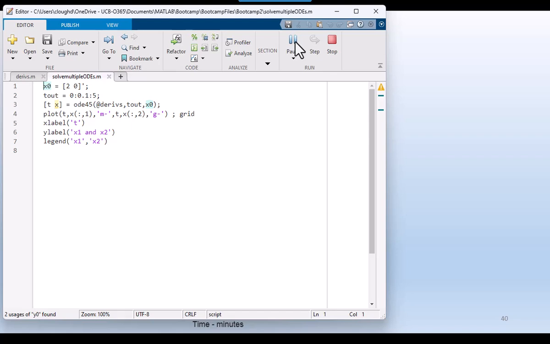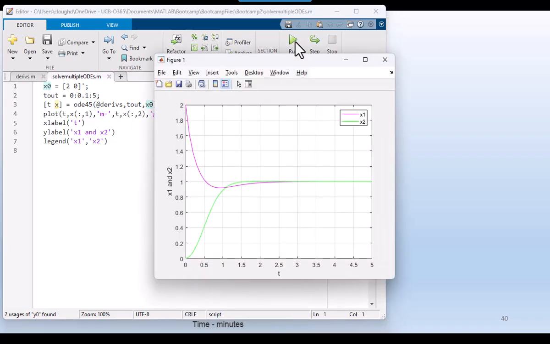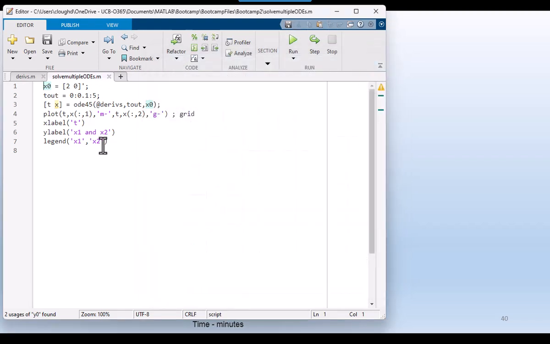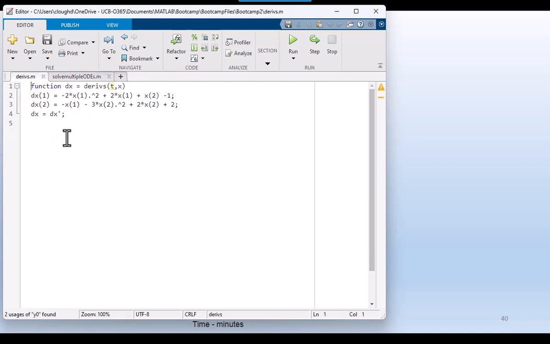And then we can run this. And this shows the results of solving those two equations simultaneously, right? And they start with initial conditions of 2 and 0, and they converge upon constant common values of 1 as time approaches 5. So this shows you the solution of two simultaneous and interconnected differential equations where the x2 appears in the derivative of x1 and vice versa, okay?